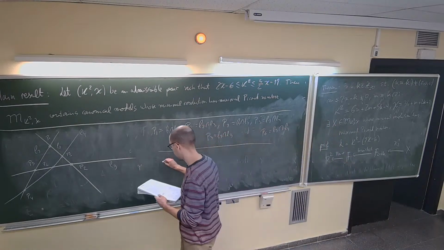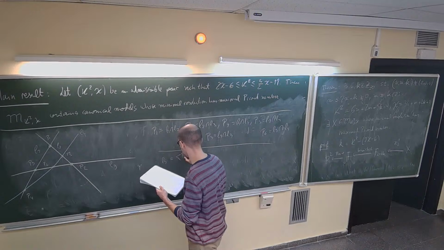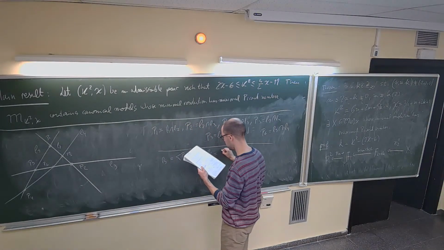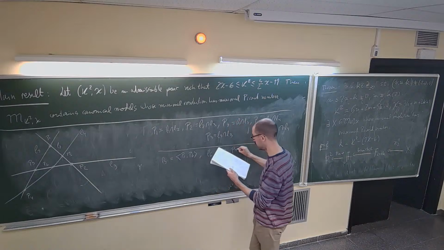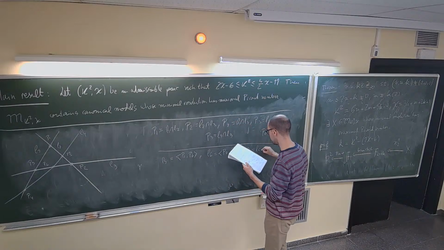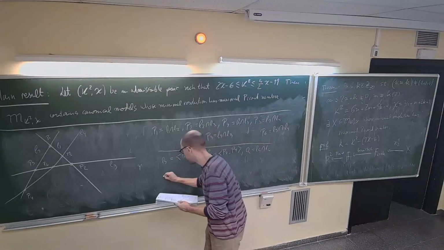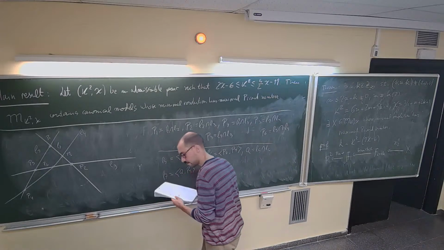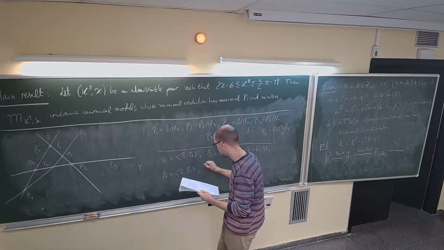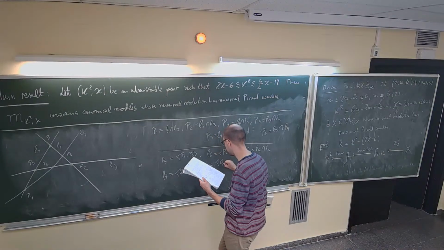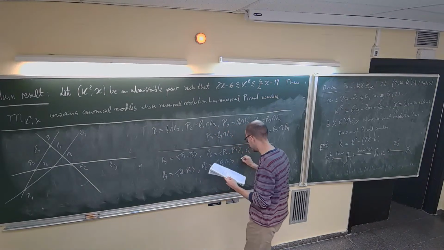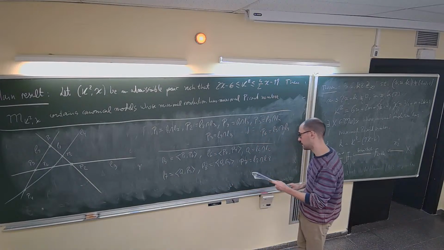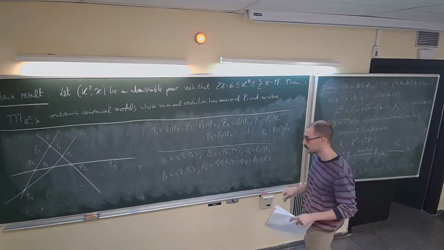L5 will be the line generated by P1, P6. L6 will be the line generated by P2, P4. Q is L5 intersection L6. L7 is Q, P5. L8 is Q, P3. P7 is L2 intersection L8. Okay, so these are all the elements that we need.